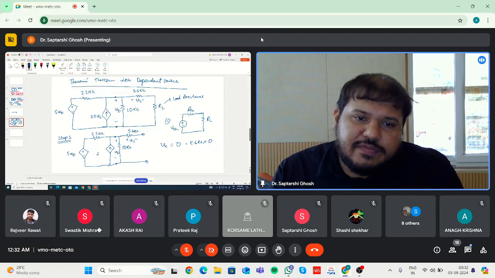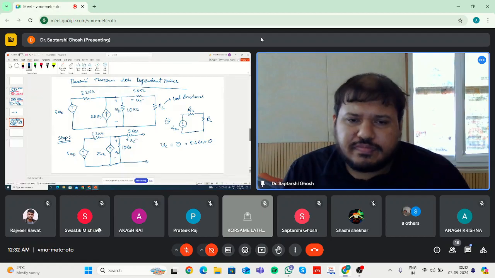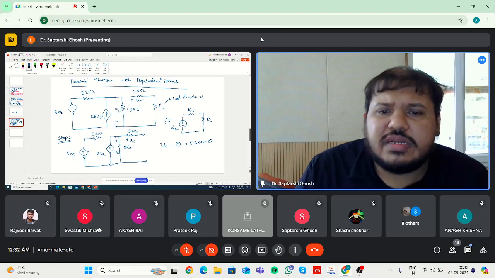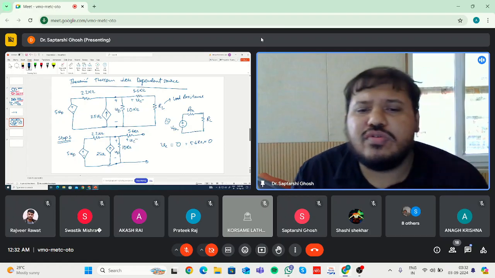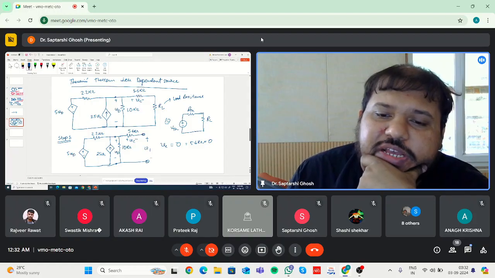So this 25 VC is of no use, but this voltage source will be there. Now, in the next step, you have to find the voltage across these two terminals. This is your VTH.